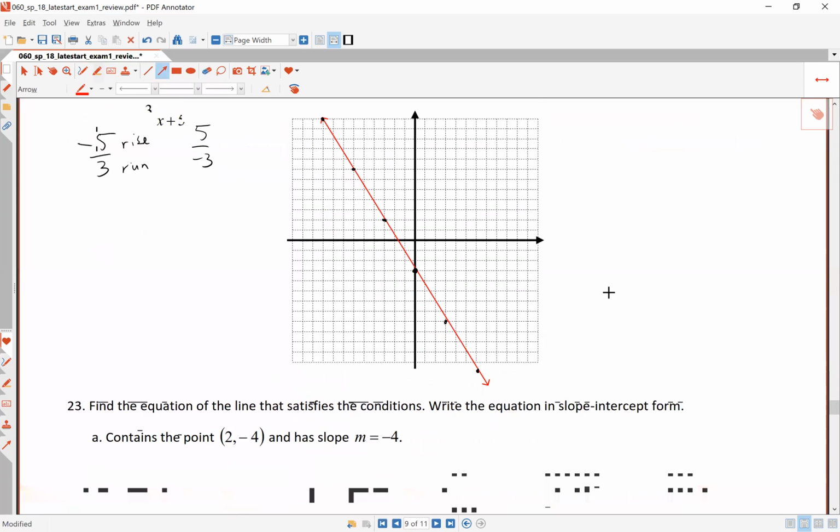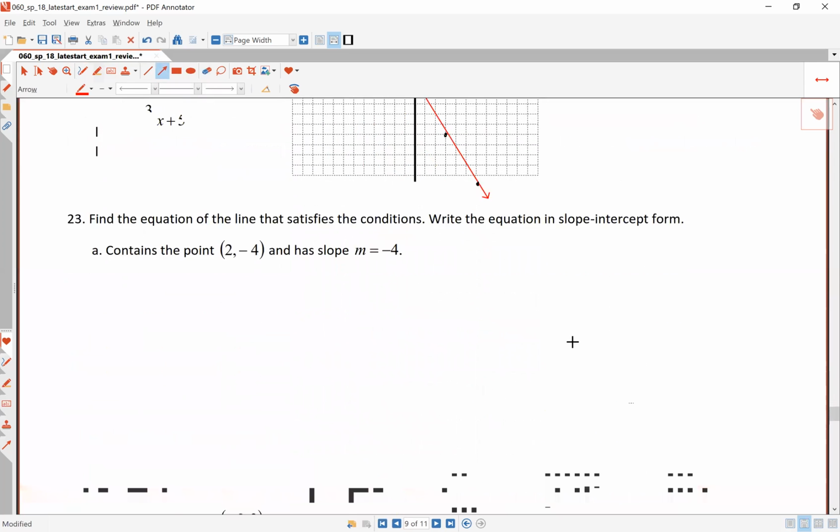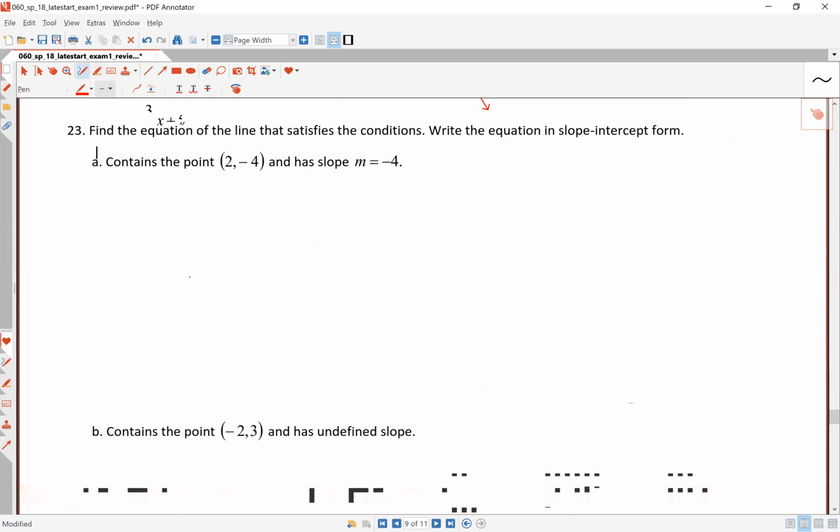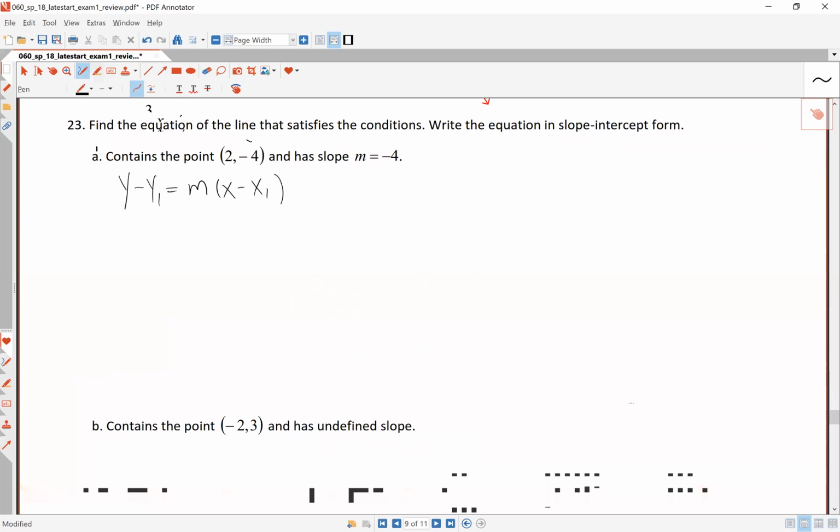All right, and then we find the equations of lines. And for this, we use point slope. y minus y1 equals m times x minus x1. y1 is -4, so I have y minus -4. m is -4.